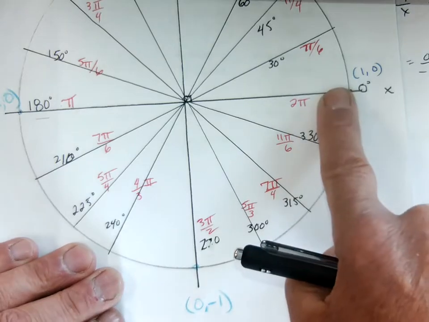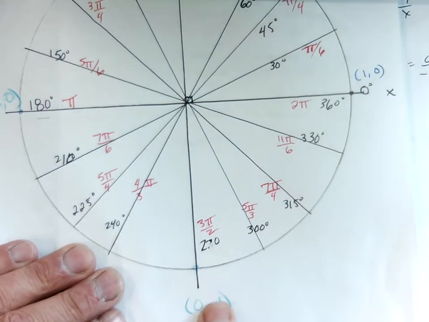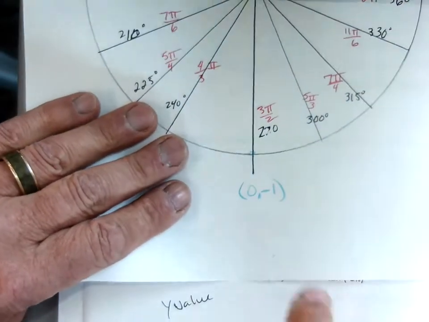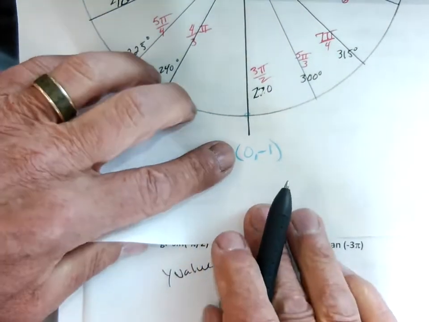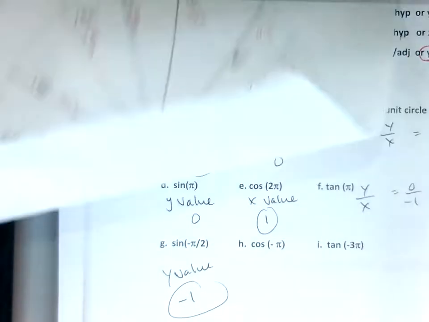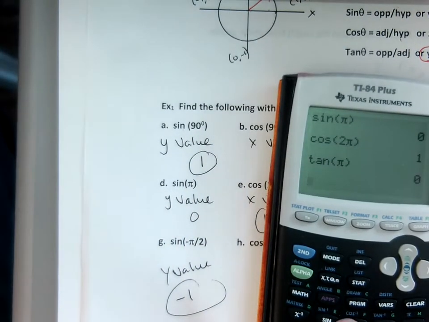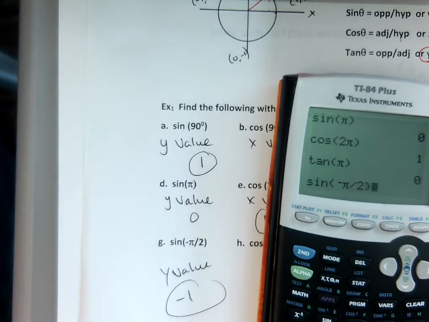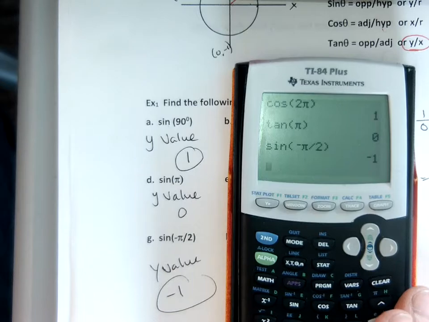Then a negative pi halves rotates it to here. So we're at this angle. If we want the sine value, my y value here is negative 1. I can verify it on my calculator if I want to. Sine of negative pi halves is negative 1, okay?